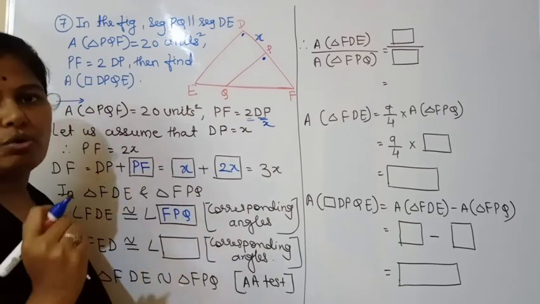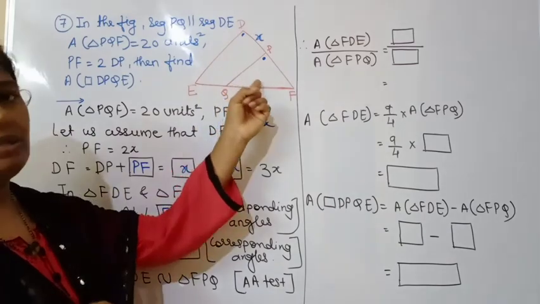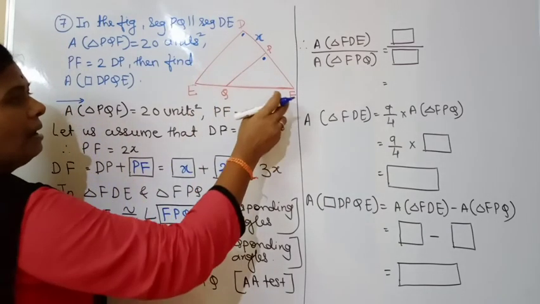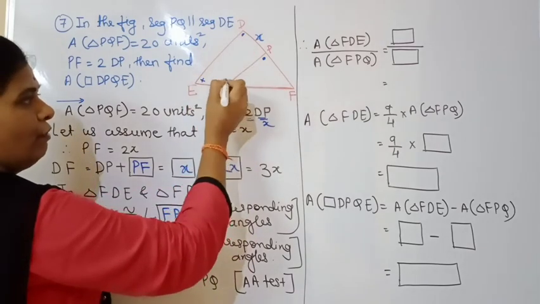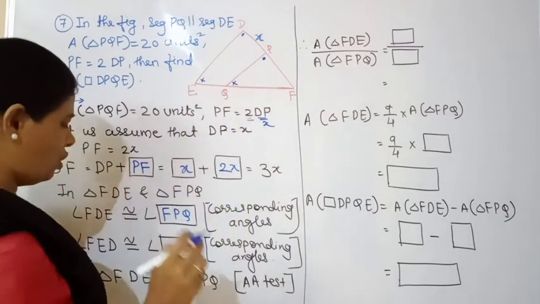Why? Because those are the corresponding angles. As you can see, these two are parallel lines, so these two are the corresponding angles. Similarly, angle FED, this angle, and angle FQP, this angle, are again corresponding angles.